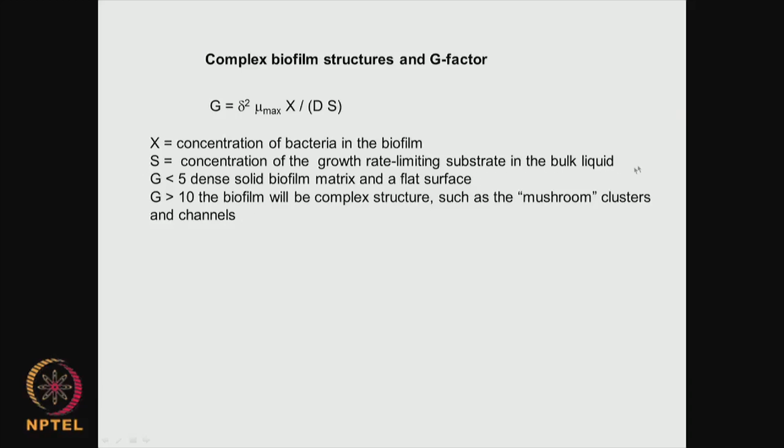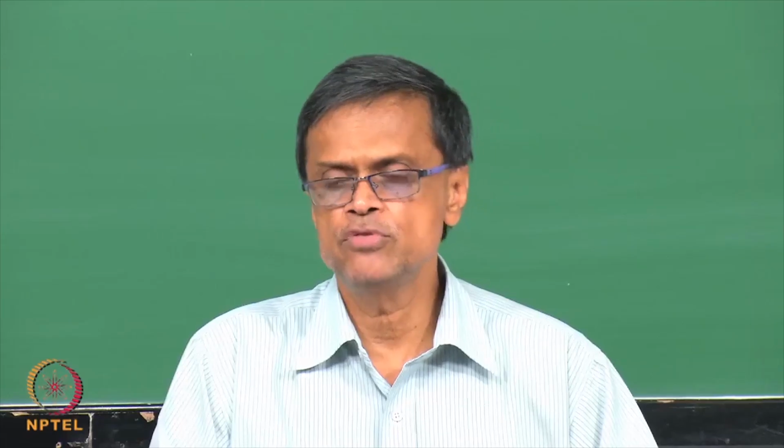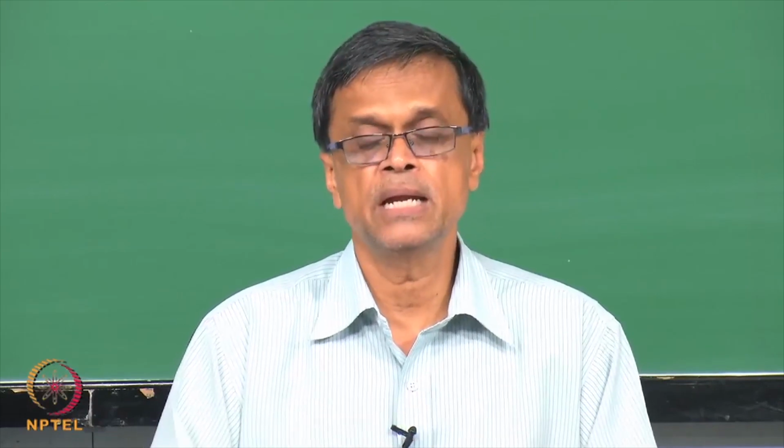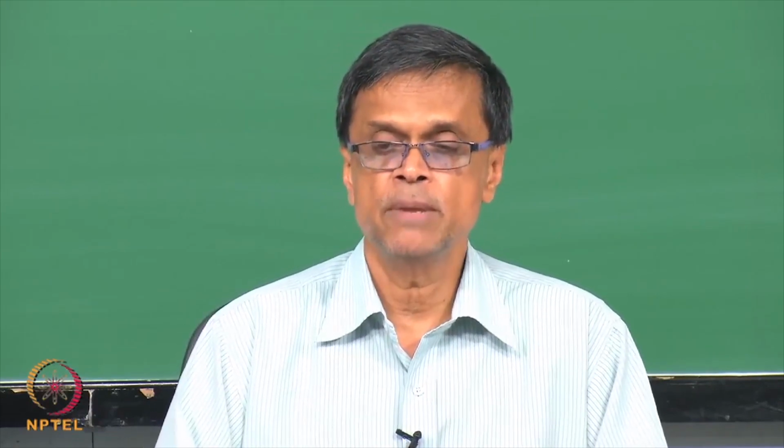This is also a very useful factor to have. It tells you which is controlling the biofilm processes. Is it the diffusion of the limiting substrate, which helps the bacteria to grow, from the bulk onto the surface of the biofilm, that is controlling, or is it the rate at which the bacteria grow, the biomass increases and the biofilm builds up, which is controlling?